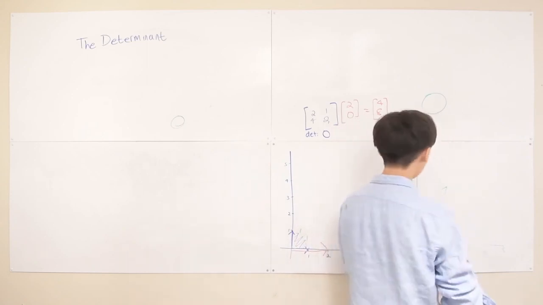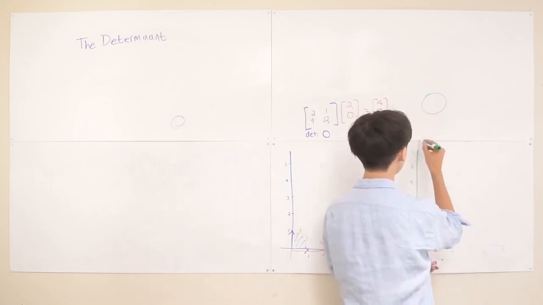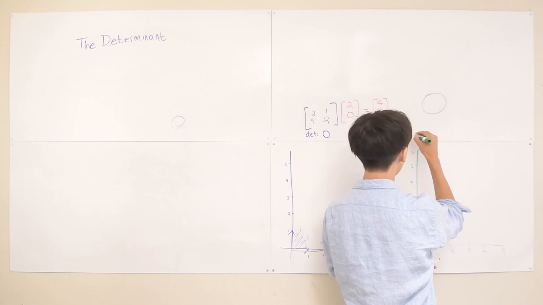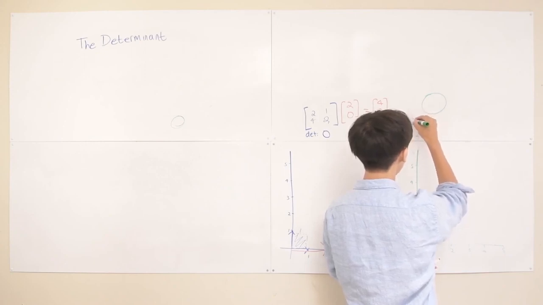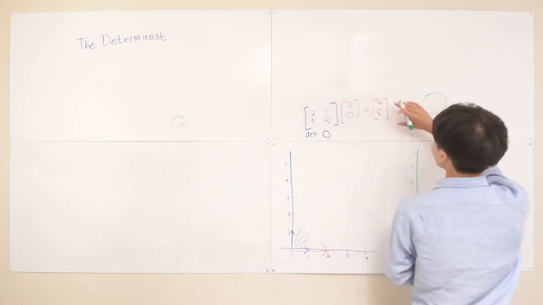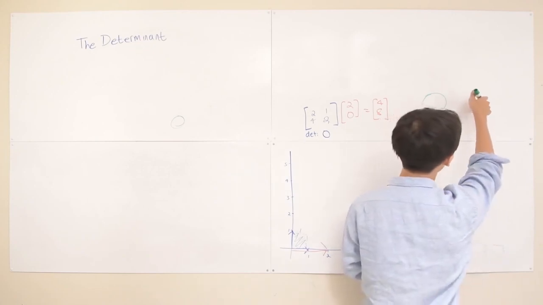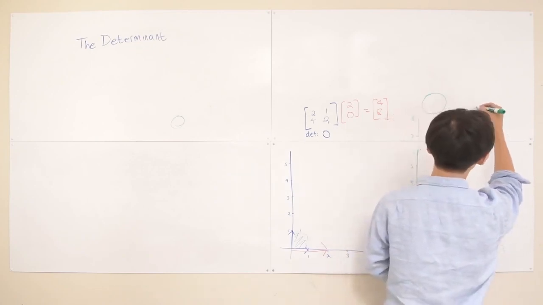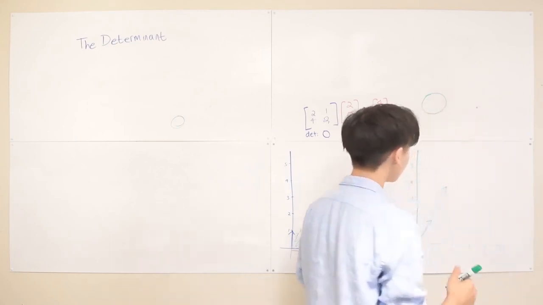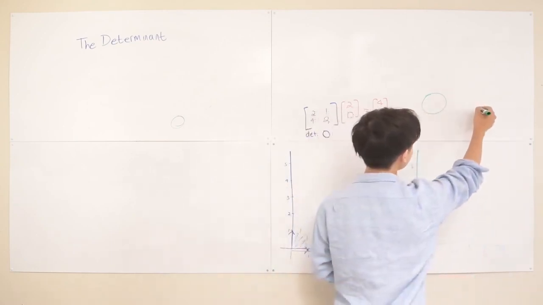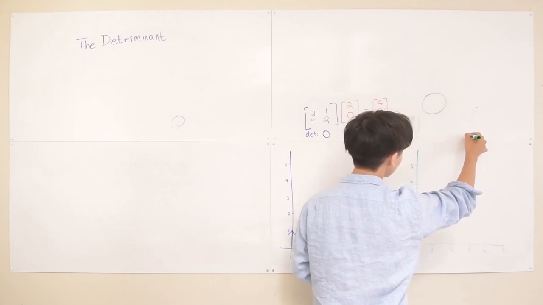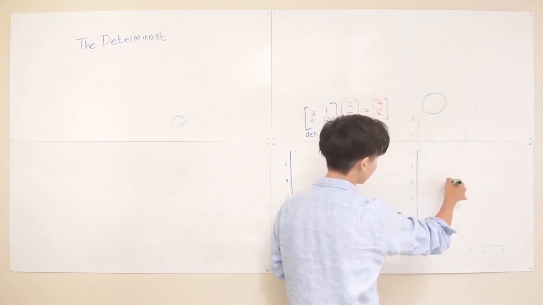So x of 4, and we have to actually add 2 more things here. So let's say this is our 7, and this is our 8. So an x of 4 and a y of 8 takes us from here up to about here, right? About there. So you can see roughly that this point is also in the exact same line, the exact same span as these vectors here.